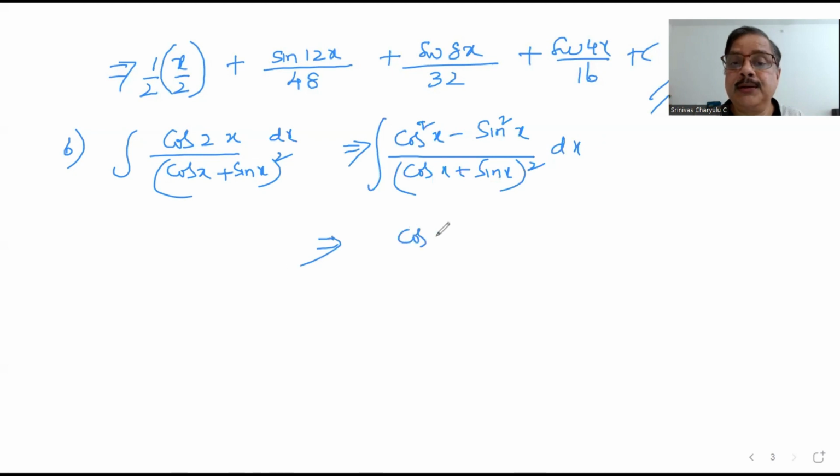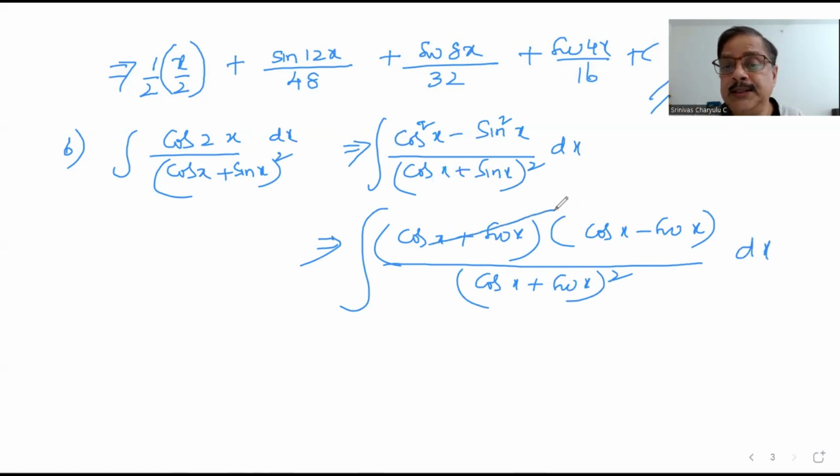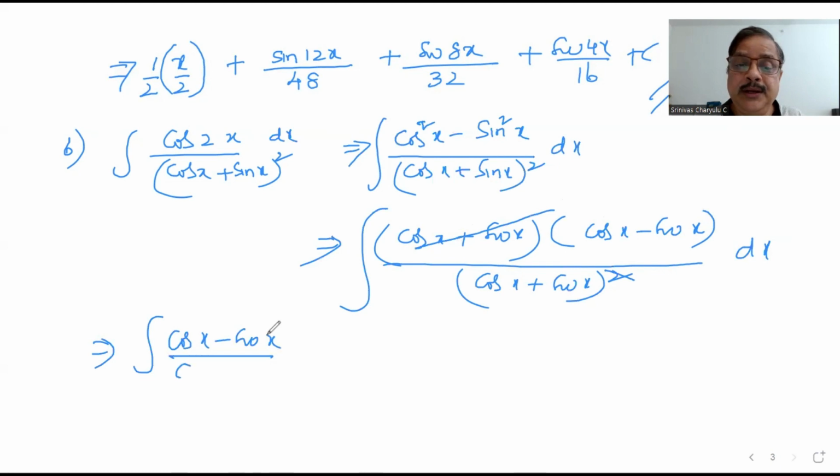So here, cos x plus sin x, cos x minus sin x, you write down, divided by cos x plus sin x whole square. So what you can do, this entire thing you can cancel out once. So you are left with in the numerator cos x minus sin x, denominator cos x plus sin x.